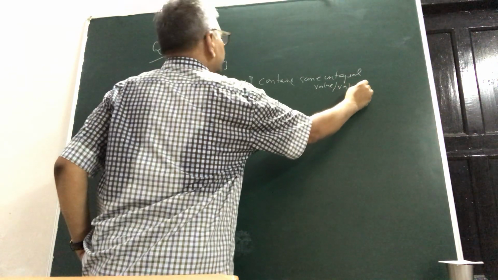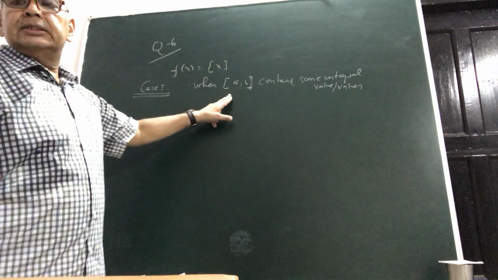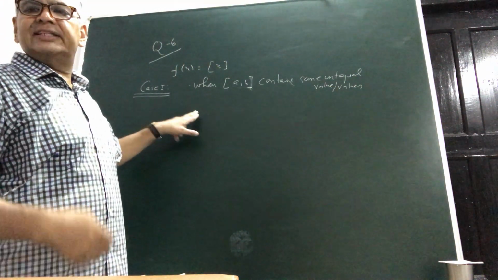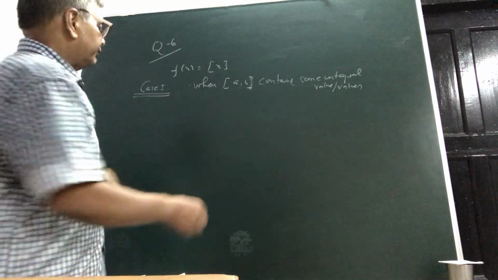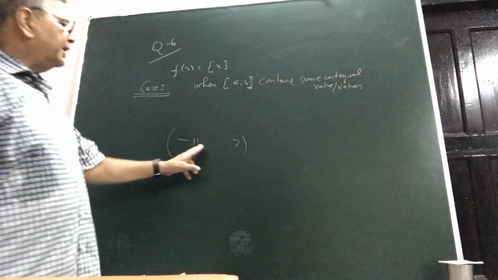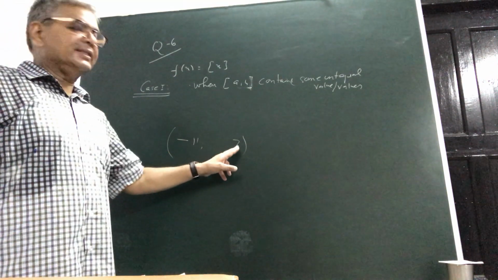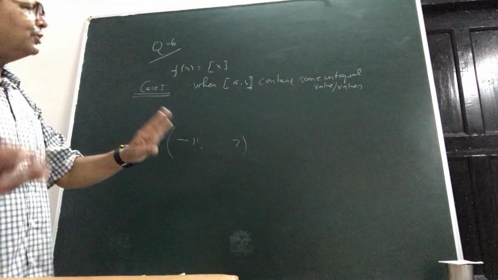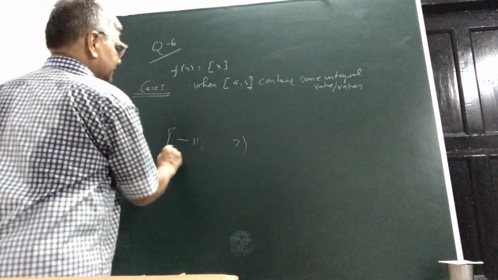It could be more than one, like 3, 4, -7, -11. If the interval is like -11 to 7, then it will contain 18 integral values, depending upon what closed interval is given.